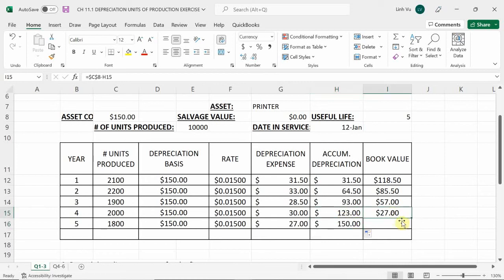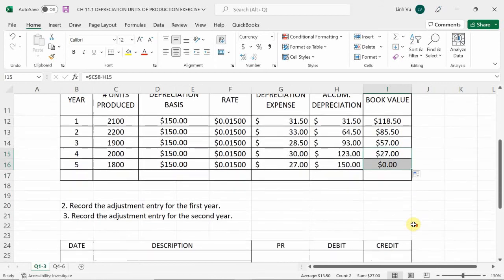So then what is my total book value at the end of year 5? It's now 0. And guess what? Do your numbers match? Yes. Is my depreciation basis my total accumulated at the end of 5 years? Yes. Is my book value equivalent to salvage value? Yes. So in this case, that's how you do the table.